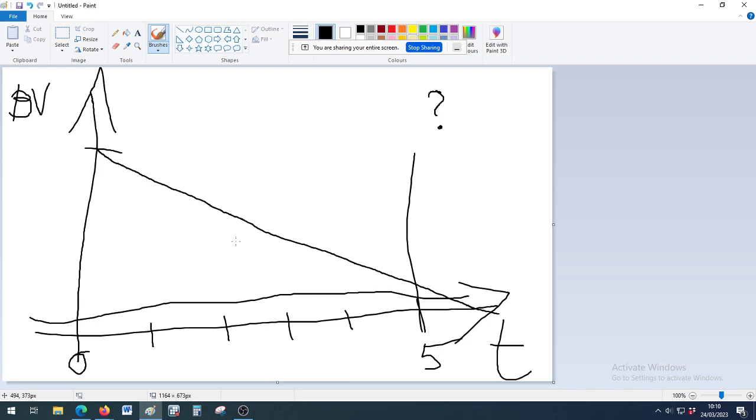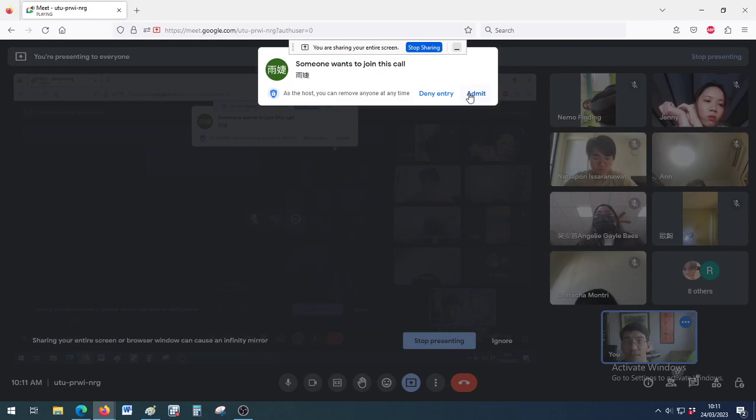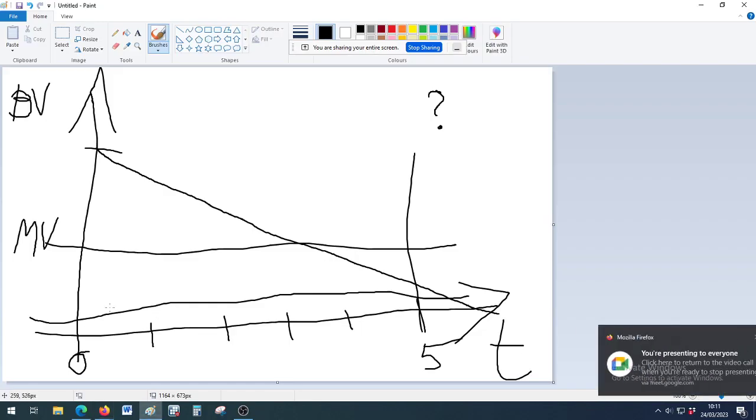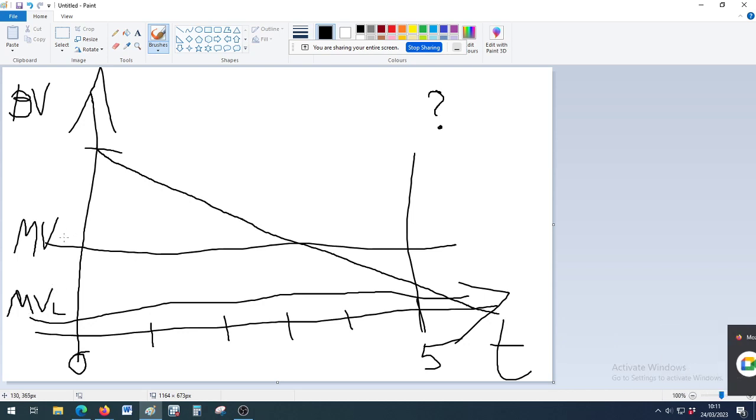Or if your company doesn't use the car extensively, if after 5 years it's still pretty new, in pretty good condition, maybe the market value is going to be much higher than the book value. So we have market value low here and market value high here, depending on the conditions of the car.